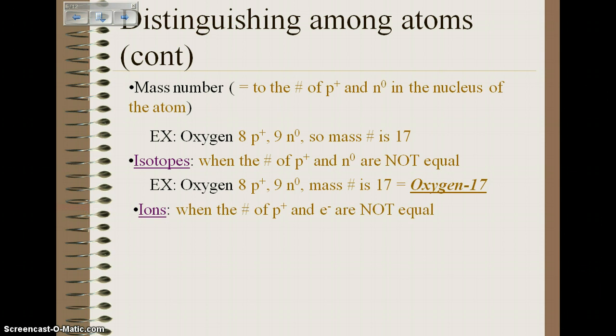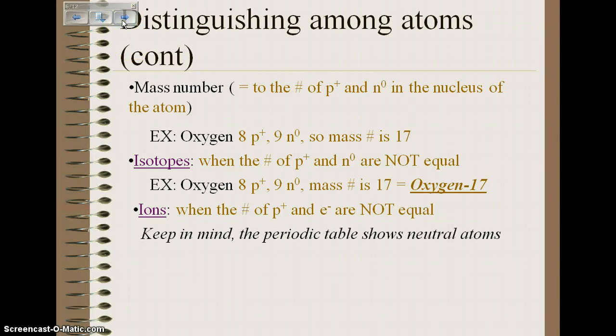Another way to distinguish amongst atoms is called ions. Ions also involve an unequal number of protons, but in this instance we use electrons as the other main part to compare. So ions are when the number of protons and electrons are not equal.